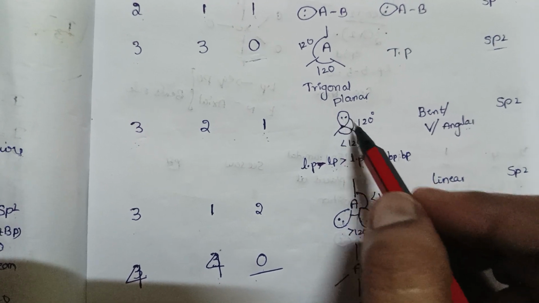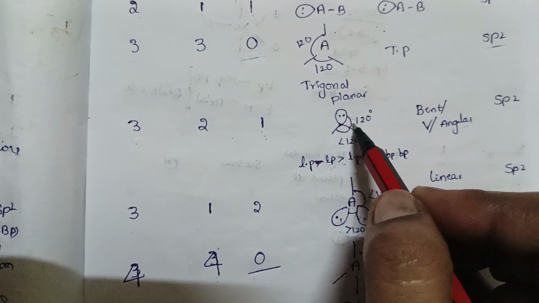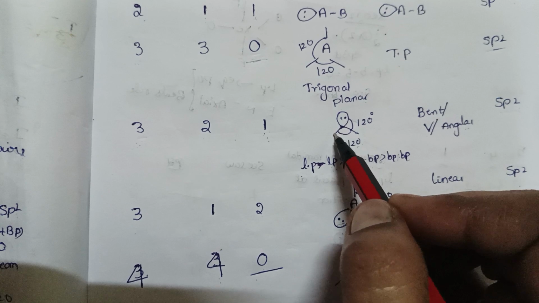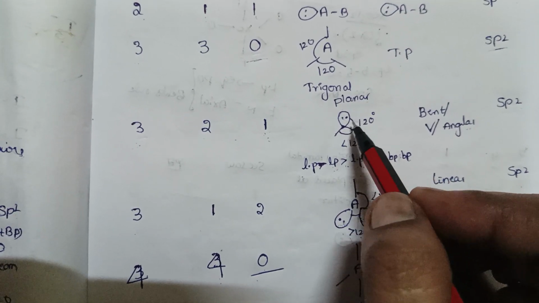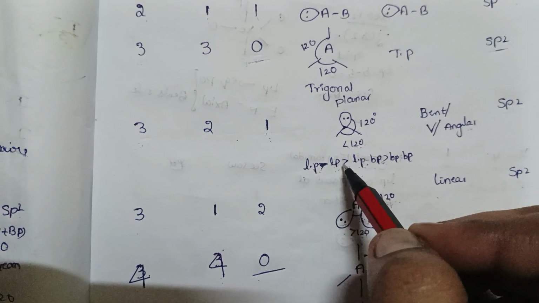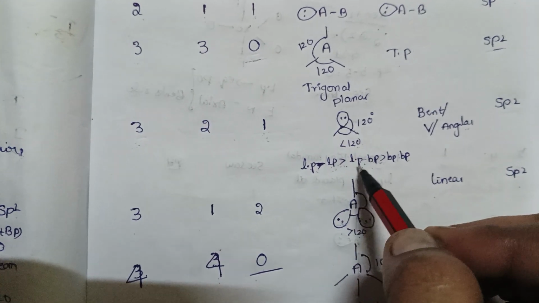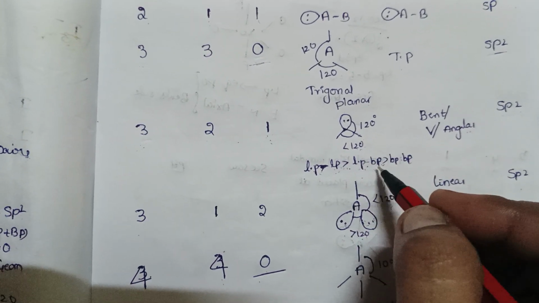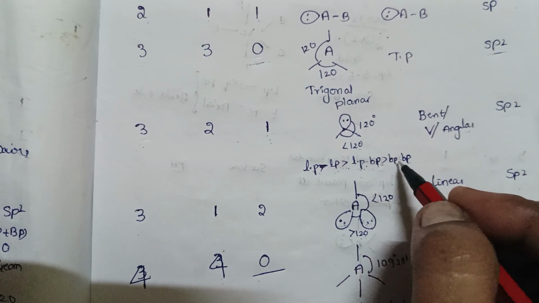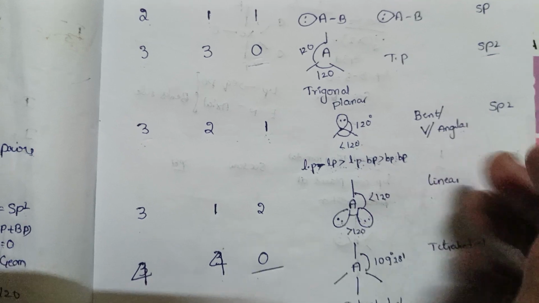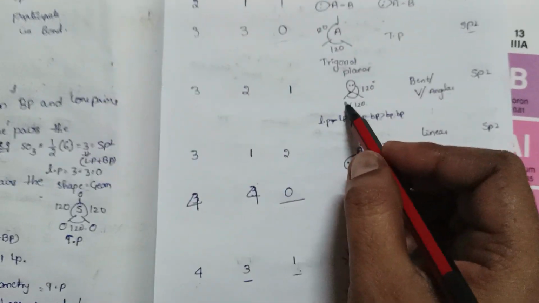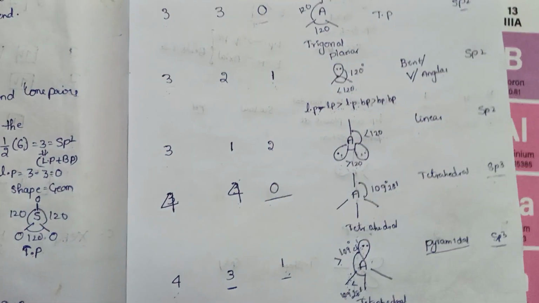The bond angle between lone pair and bond pair is greater than 120, and between bond pairs it is less than 120, so the angle less than 120 degrees is present between bond pair and bond pair.